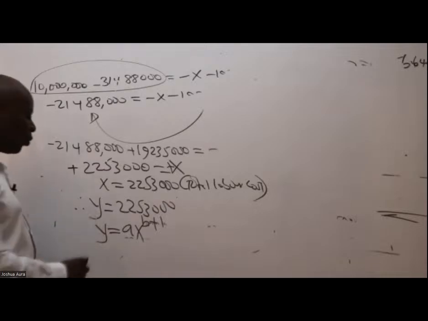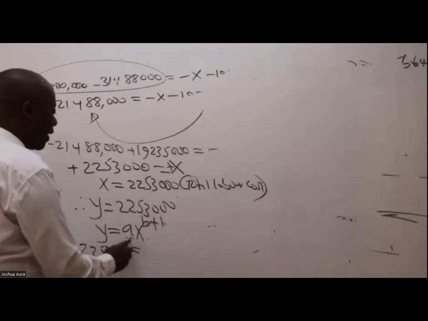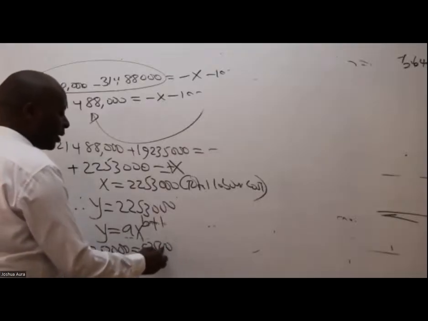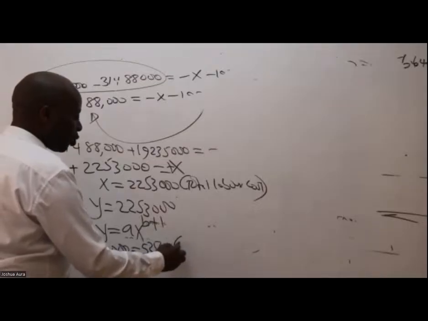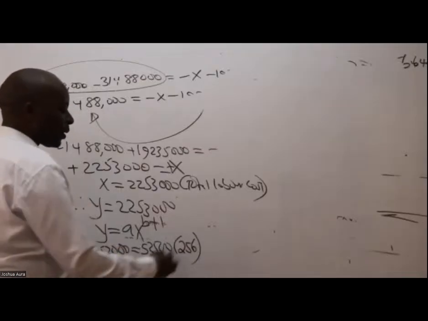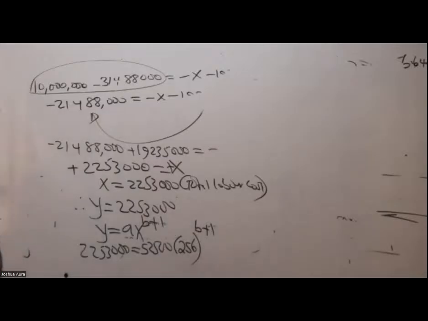So I know that my Y, 22,53,000, equals A. I was given A of 52,500. X we know is the total number of batches, 256, raised to B plus 1, like that.